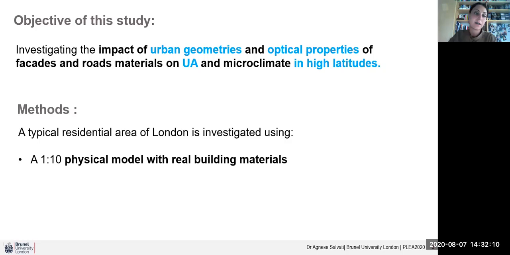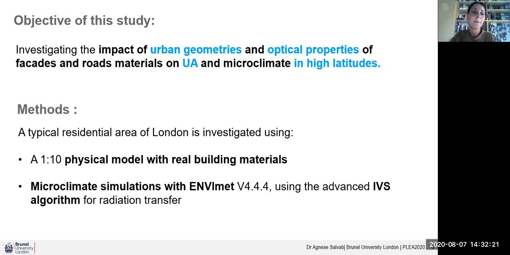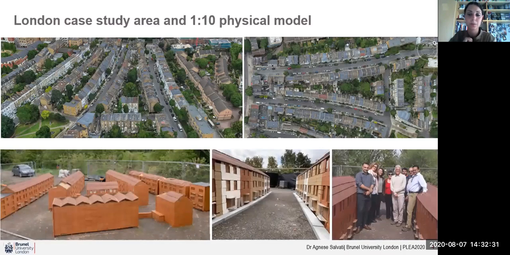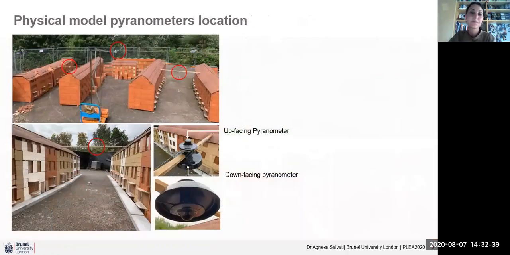In particular, we investigated a typical residential area of London by using a physical model reproducing the urban area and performing microclimate simulation with ENVI-met. These are some views of the case study area, and on the bottom you can see some pictures of the 1 to 10 physical model cladded with real building and urban materials.